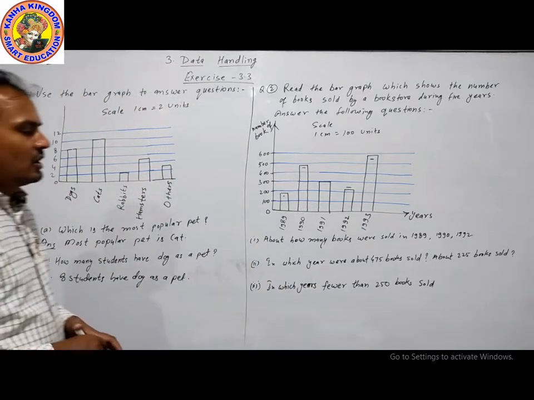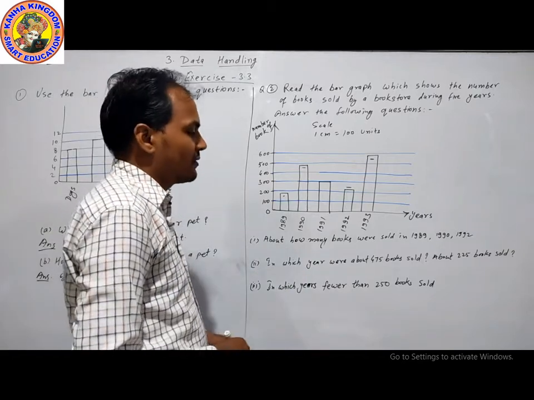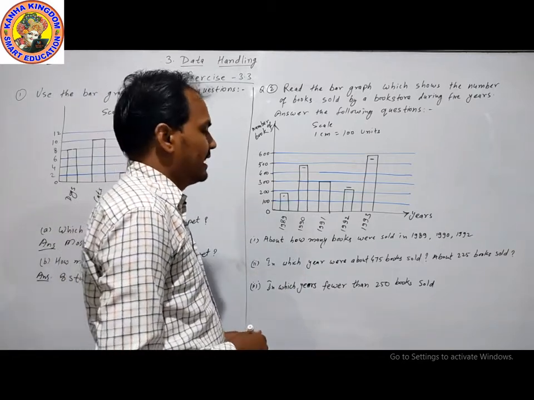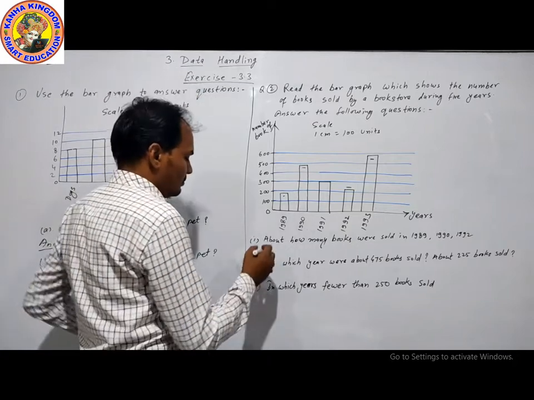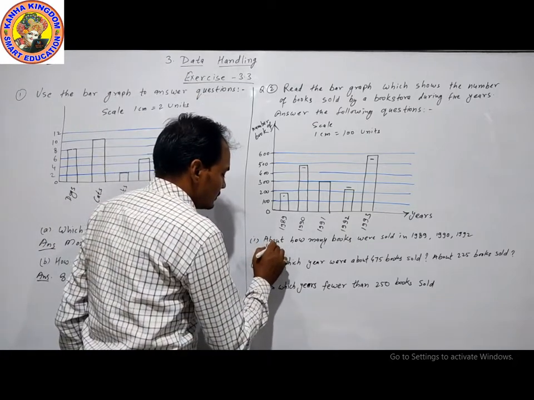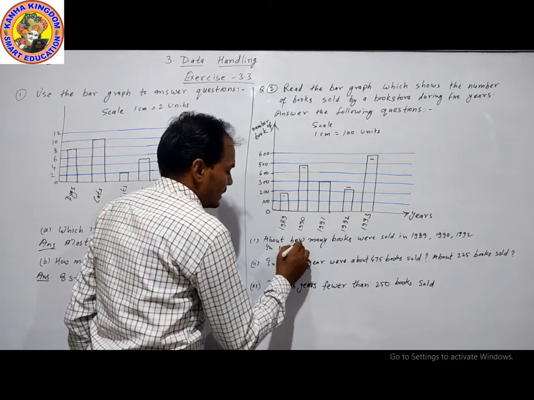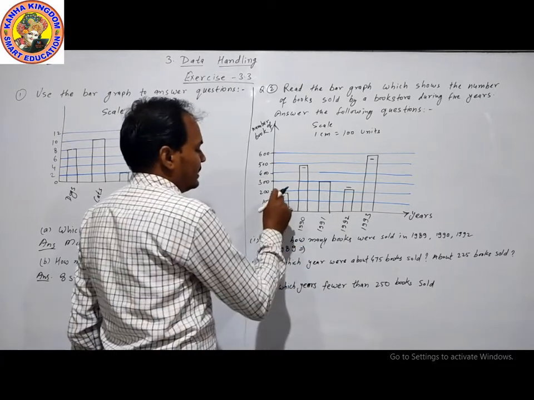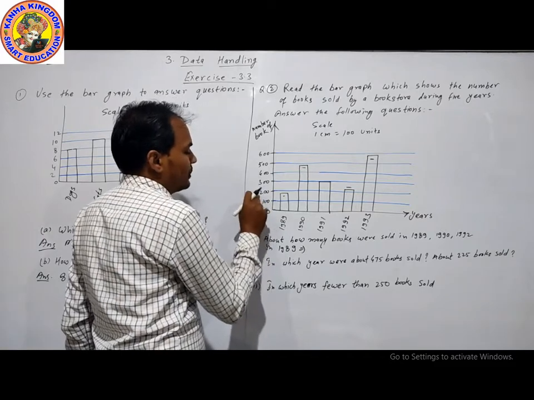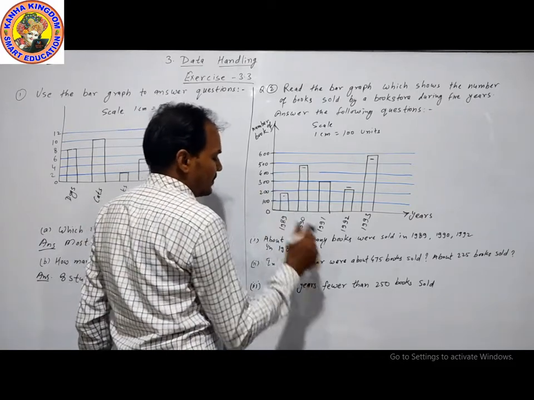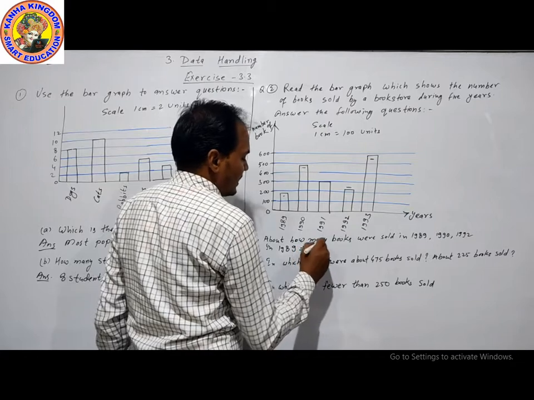Now, about how many books were sold in 89, 90 and 92? In 1989, the middle part of 100 and 200 is 150, and above 150 we take 175.